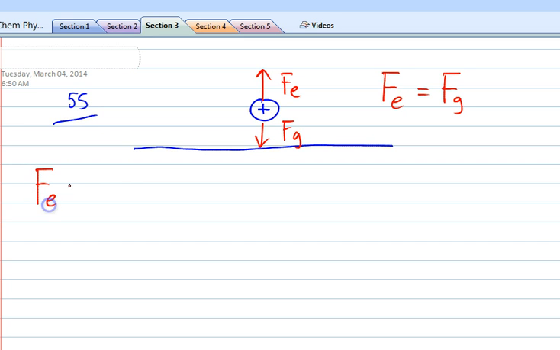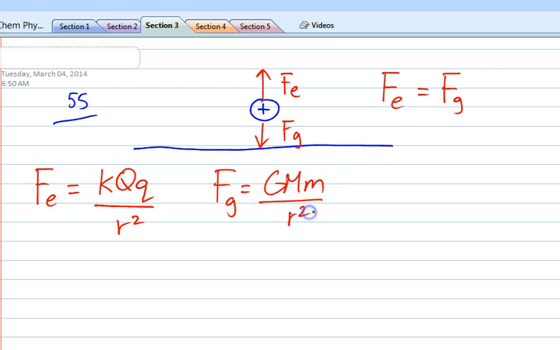One way that you could write the electric force is K big Q little q over r squared, and the force of gravity is big G big M little m over r squared. But in this problem, we don't really know what big Q is. All we know is little q, the charge of the proton, and little m, its mass.